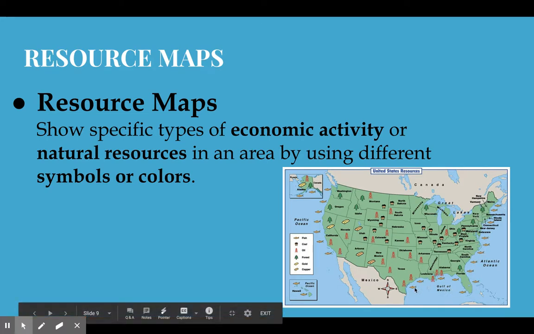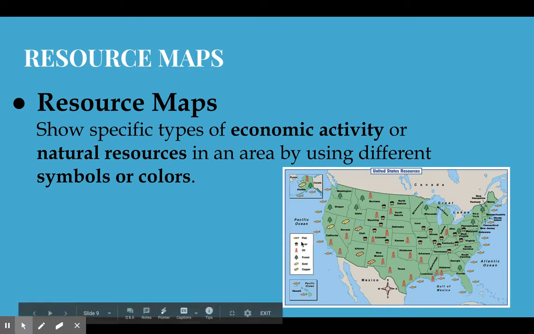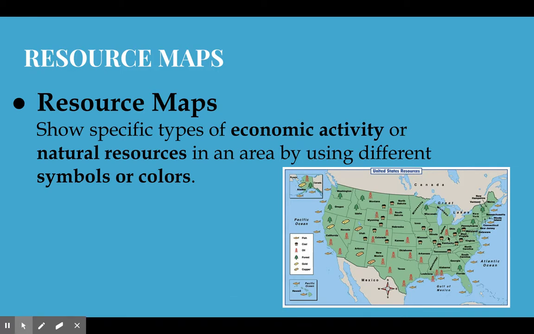They make a living fishing, which makes sense because they're on the ocean. Ooh, Alaska has gold and oil and fish. So all of these symbols show different resources on our map. Look at all the oil. We have lots of oil in the United States, oil reserves.